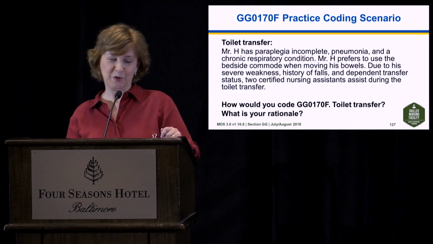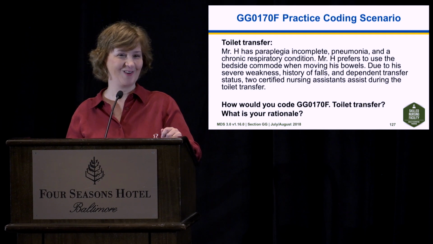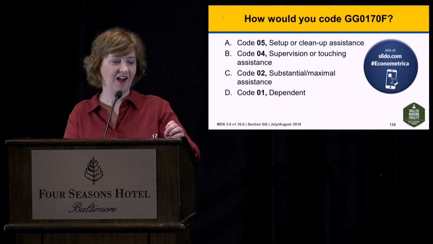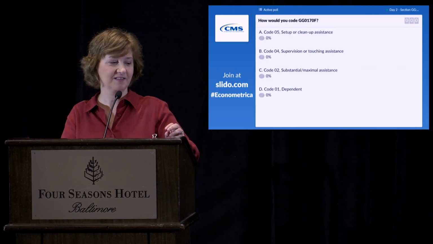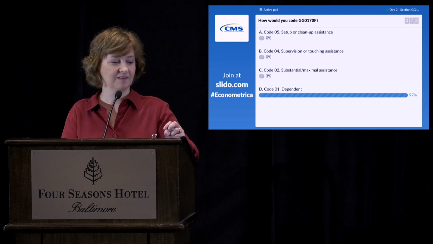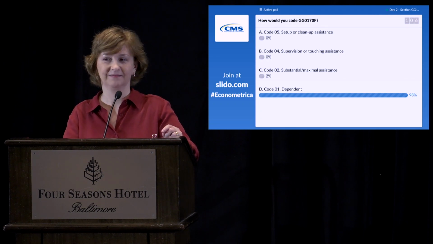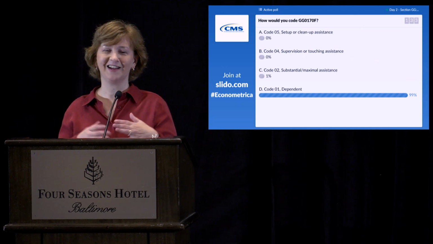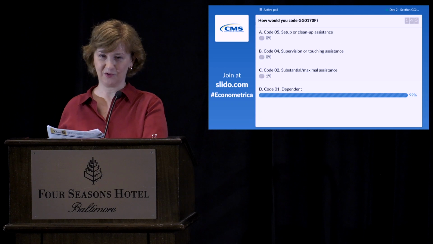So I don't think I need to go to decision trees with you. I'll let you code that one on your own. So options are 05, setup or cleanup assistance, 4, supervision or touching assistance, 2, substantial maximal assistance, 1, dependent. So we tried to put a variety of examples in here, and so some of these are easier than others.